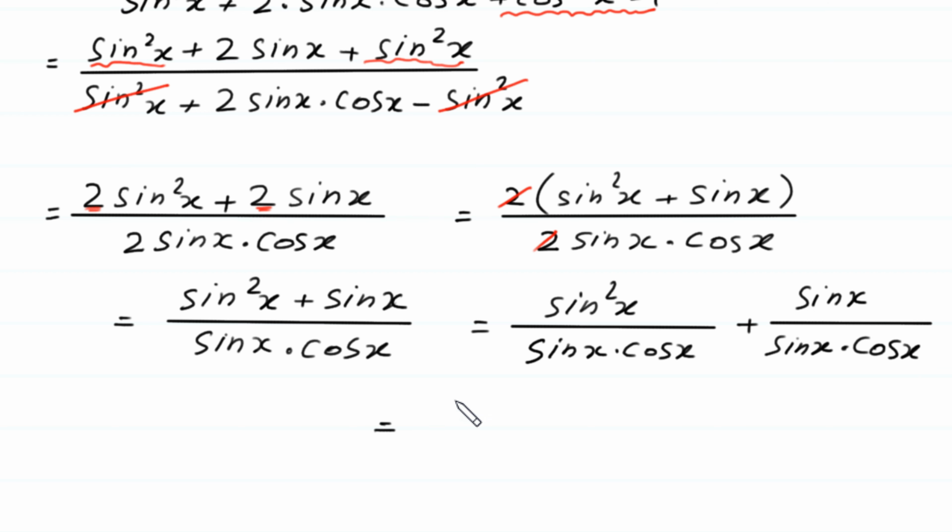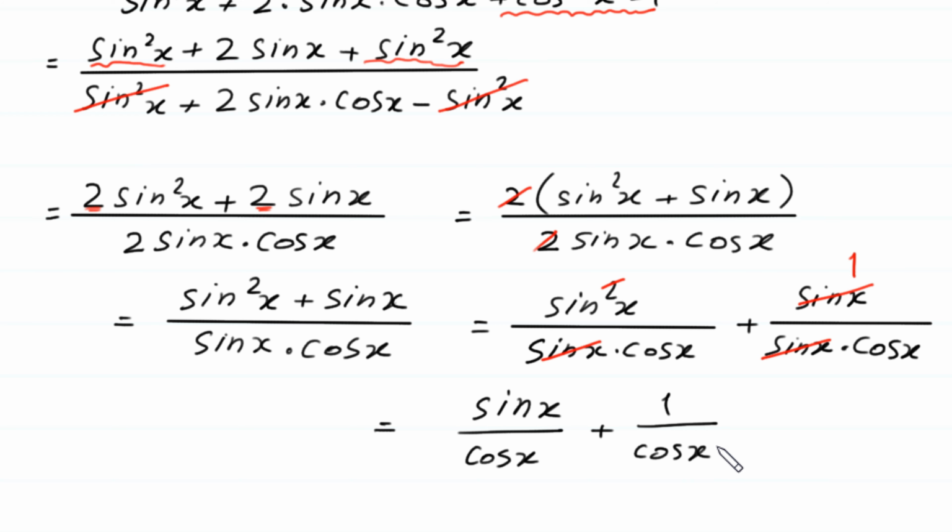Next, this sine of x will be cancelled with this square because we have sine of x times sine of x here, and this sine of x will be cancelled with this sine of x, and here we have left 1. So here left sine of x over cos of x plus 1 over cos of x.